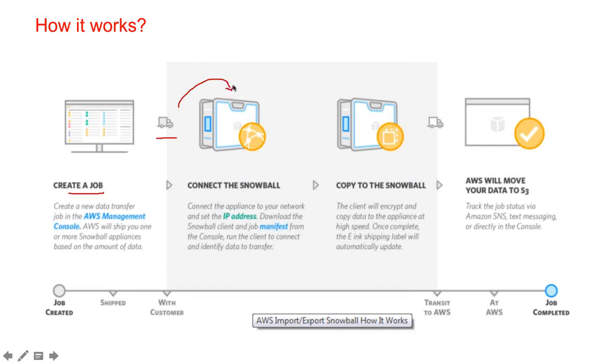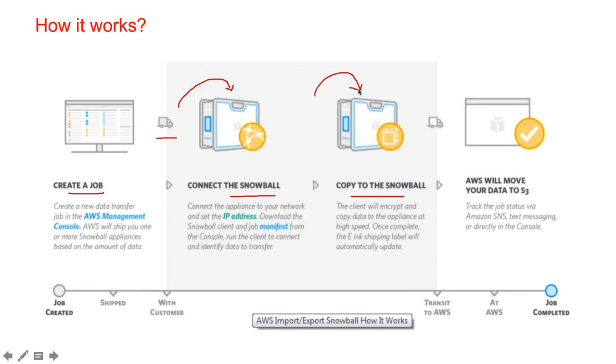We have to connect that Snowball appliance to a local network. So we have to assign an IP address that can be either assigned manually or assigned via DHCP. Once we are able to connect the Snowball appliance to a local network, we can copy the entire content to the Snowball appliance.